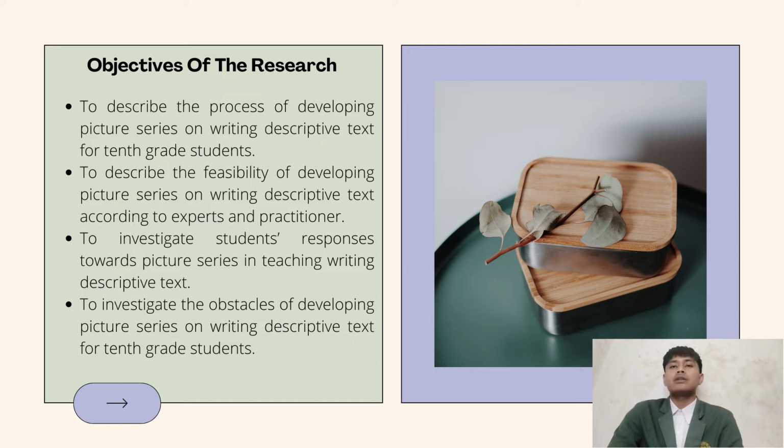And the third, to investigate student response toward picture series in teaching writing descriptive text using Canva. And the last, to investigate the obstacle of developing picture series on writing descriptive text using Canva for 10th grade student. So, let's go to the next slide.